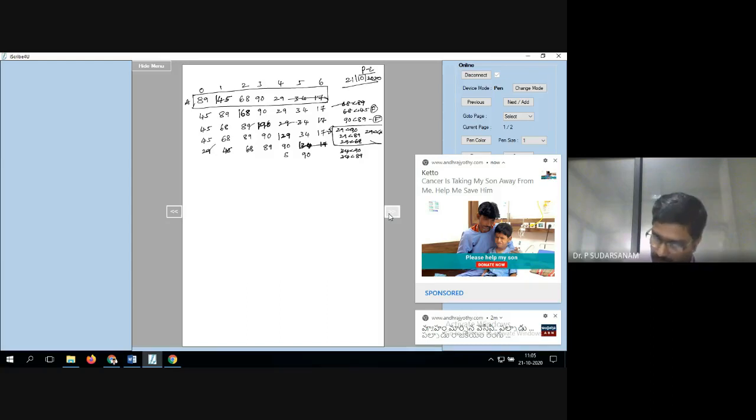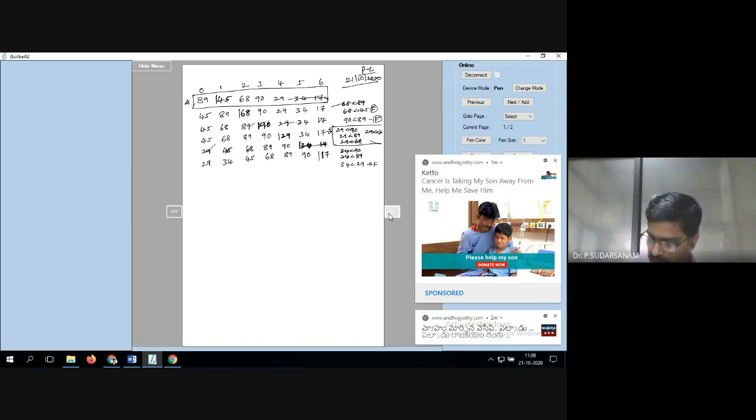Yes, copy it here. Similarly, 34 is less than 68, copy it here. Next, 34 is less than 45, yes, copy it here. Next, is 34 less than 29? The condition becomes false. So 34 should be copied here, and 29 as it is, and 70.